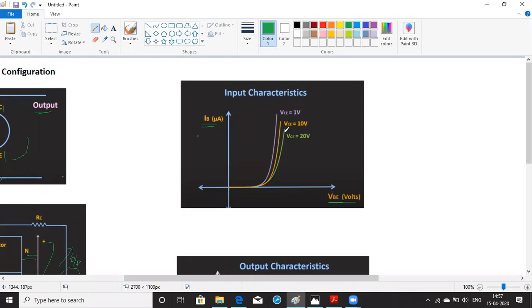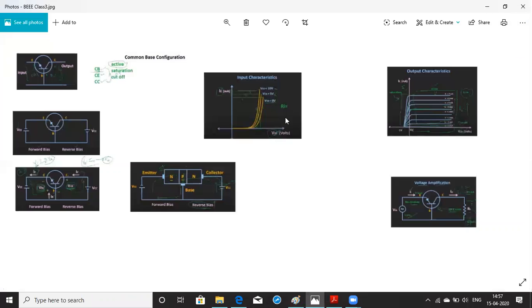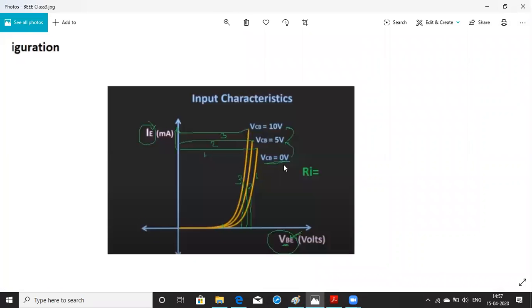If you observe clearly, we have VCE here. VCE is the collector to emitter voltage. In the previous case, for the common base configuration, as the VCB voltage increases, the characteristics move to the left-hand side.